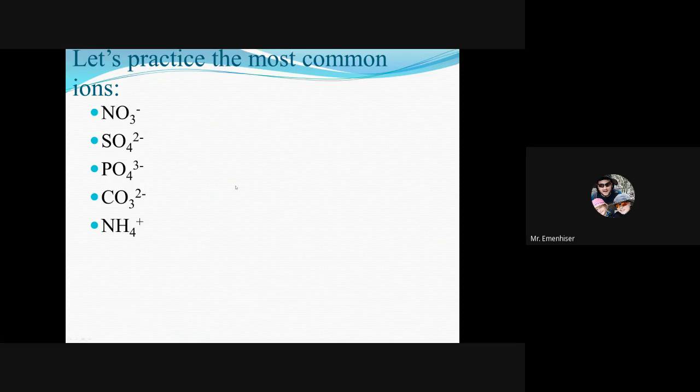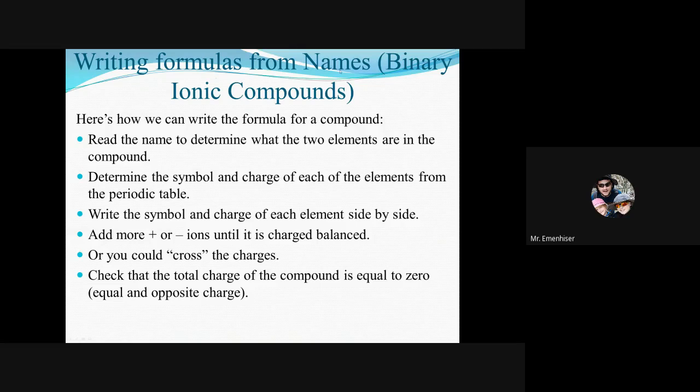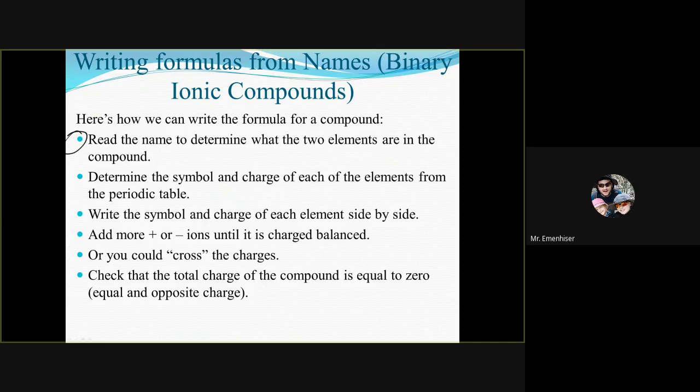All right, moving on. How do we write formulas from the names? This is for simple binary ionic compounds, meaning it's only got 2 elements. Here's how we can write the formula for a compound. We read the name to determine what 2 elements are in the compound. We determine the symbol and charge of each element from the periodic table, which I showed you guys how to do, and we'll review that. Write the symbol and charge of each element side by side. Add plus or minus ions until it is charge balanced.